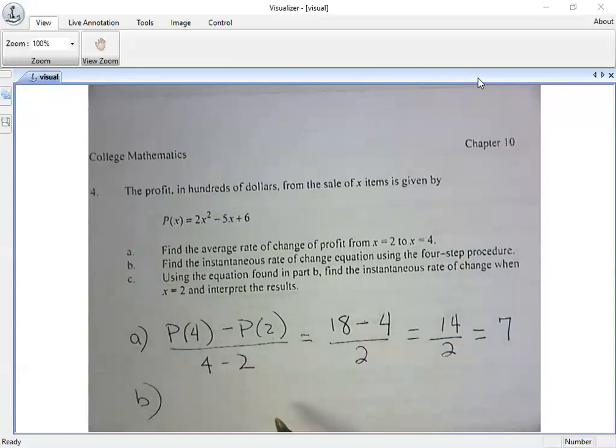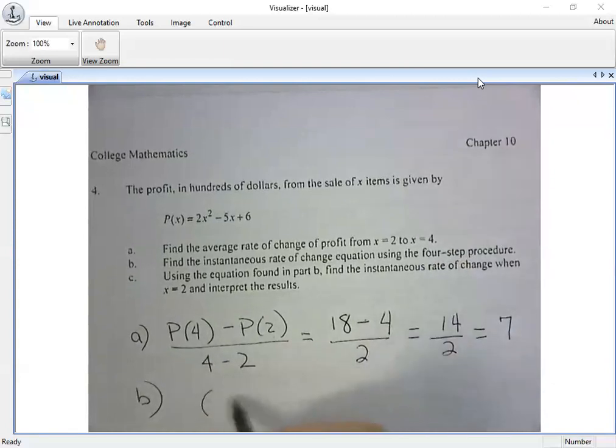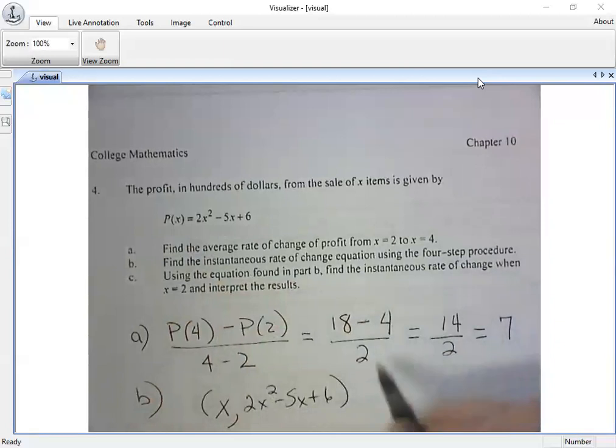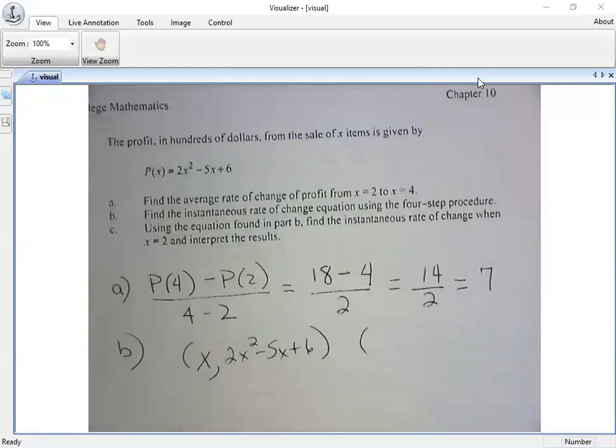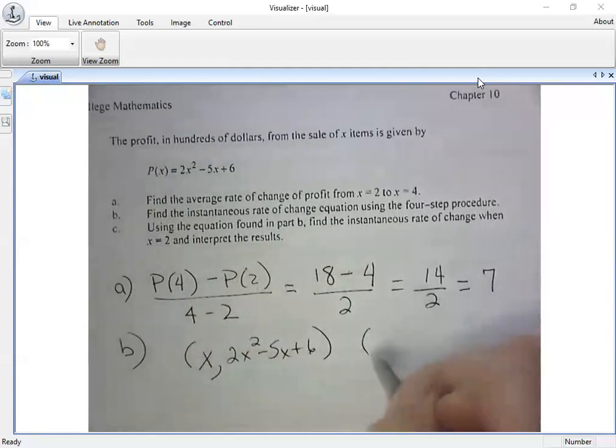The difference is the first point will be x comma what? This up here, 2x squared minus 5x plus 6. What will I need to use for the second point? The x value needs to be x plus h, right?